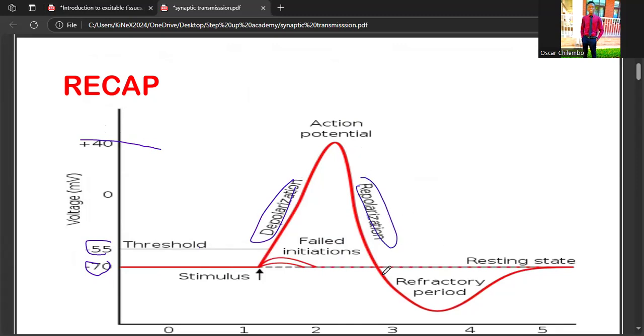After repolarization, there's hyperpolarization due to slow closure of potassium voltage-gated channels, then the membrane potential will be restored to resting state by the sodium-potassium ATPase.